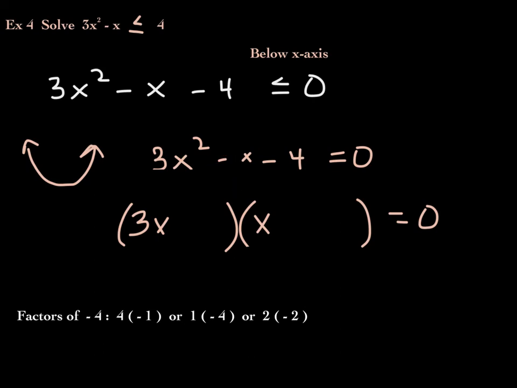Let's see. Let me play around with 2 and -2. If I put 2 in one, -2 in the other, does that work? When I say that does that work, I'm not talking about 3x squared. We already know we got that. We already know we're going to get -4 because 2 times -2 is -4. The question, one more time, is are we getting a -1x?